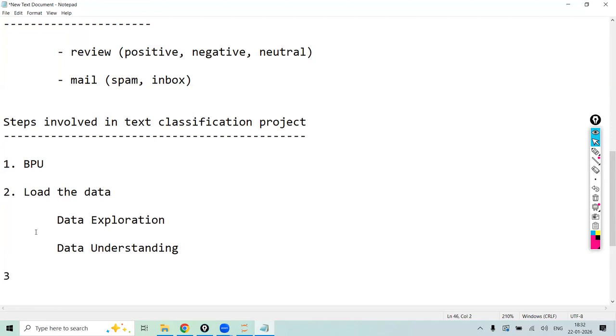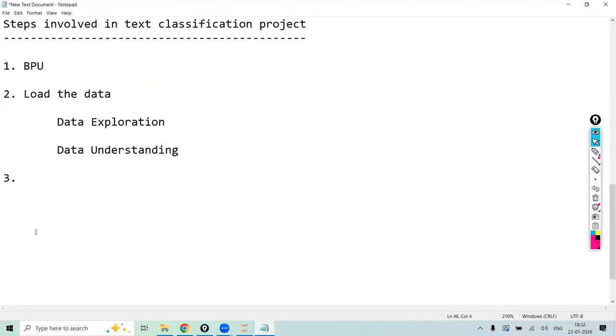After this, next is data cleaning or data pre-processing.